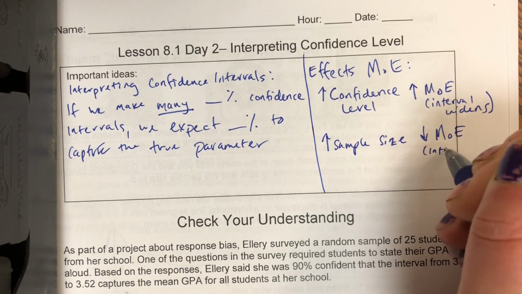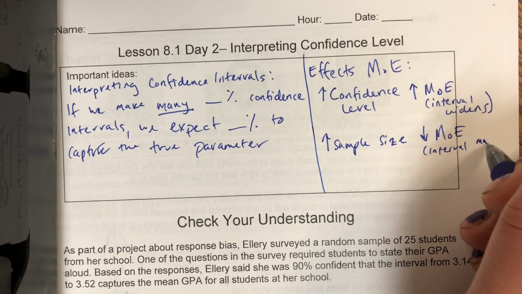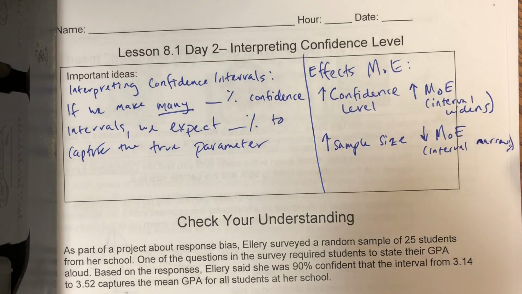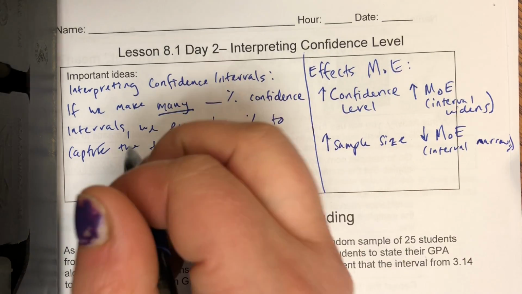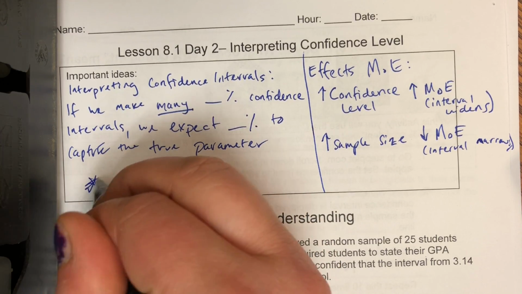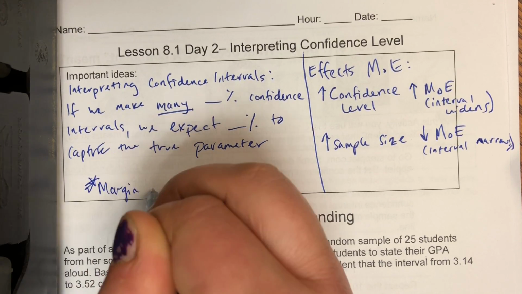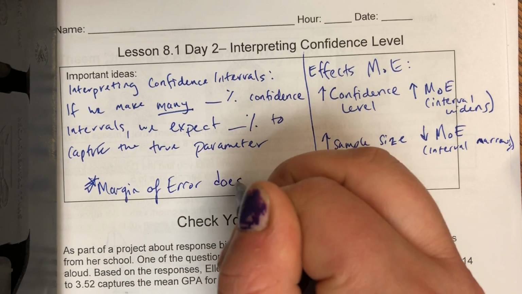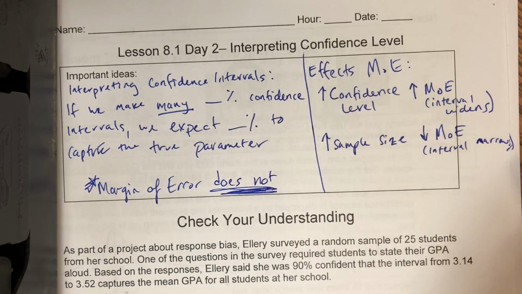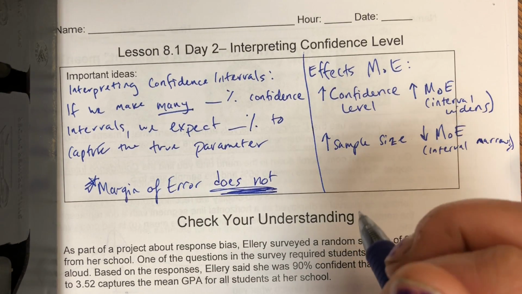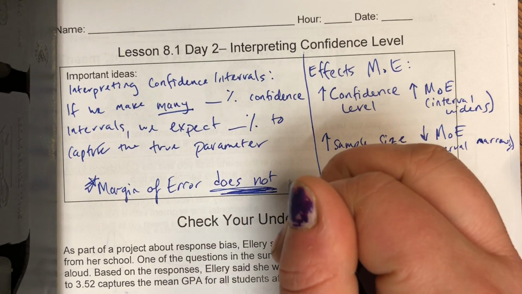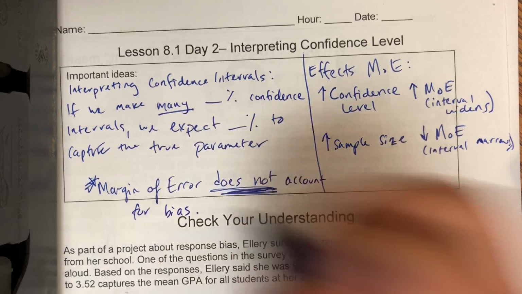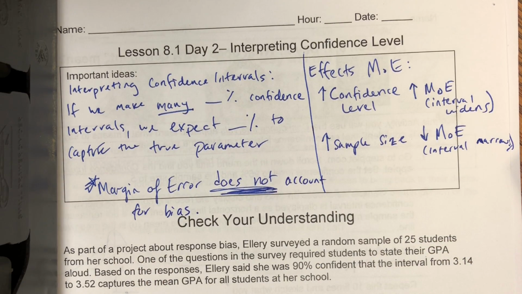Our interval narrows. Not marrows, narrows. Okay. And then lastly, we need to know that our margin of error does not account for bias. So if we have a failure in our sampling, margin of error is not going to help us. And that is lesson 8.1.2.